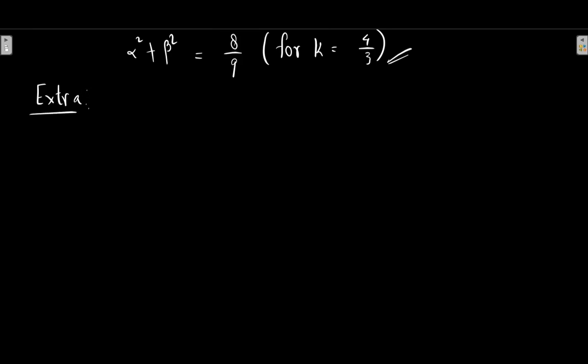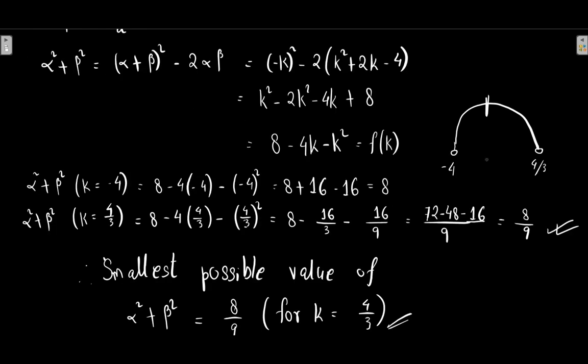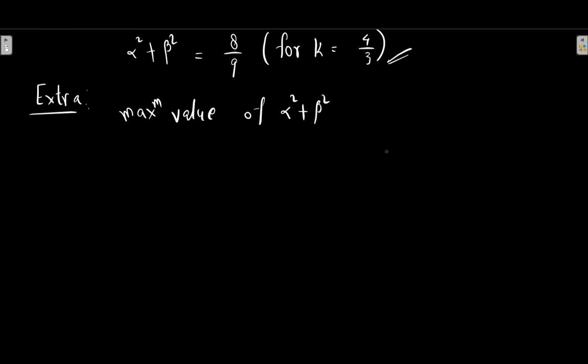For maximum value of alpha square plus beta square, we need to find the value of k at its vertex. The maximum value happens at the vertex of the curve.